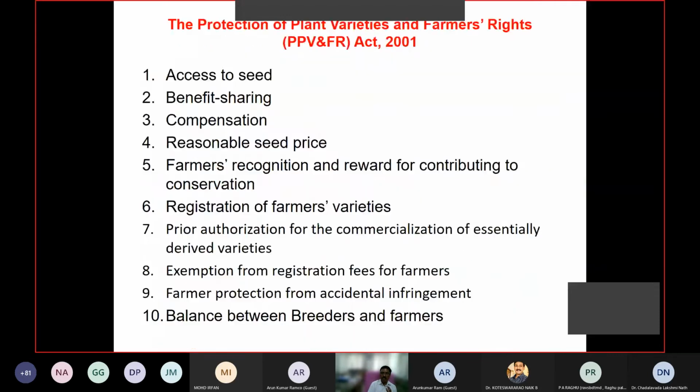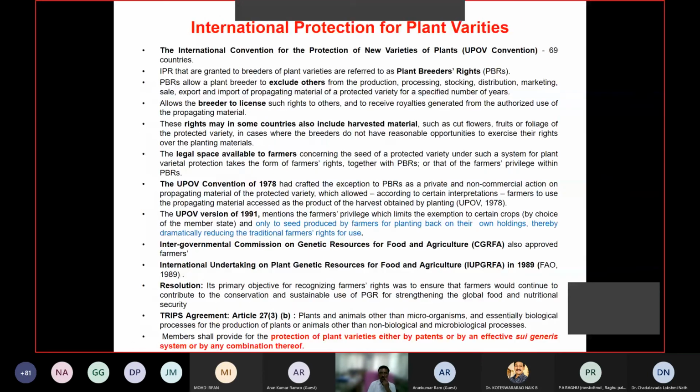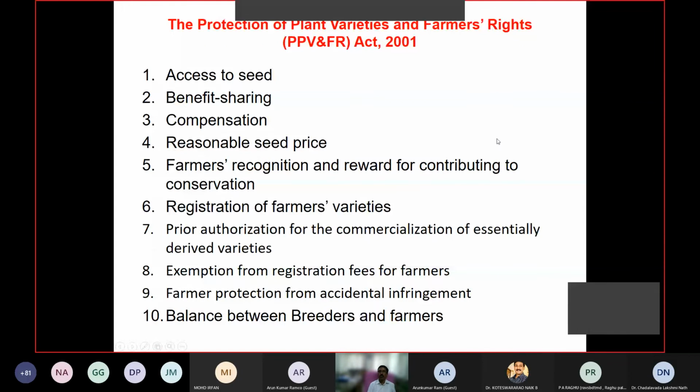The treaty they concluded helped India to include farmers' rights. And moreover, Article 27.3(b) of TRIPS gives a kind of flexibility to India, that India can have its own sui generis law, which helped us to come out with our own law.